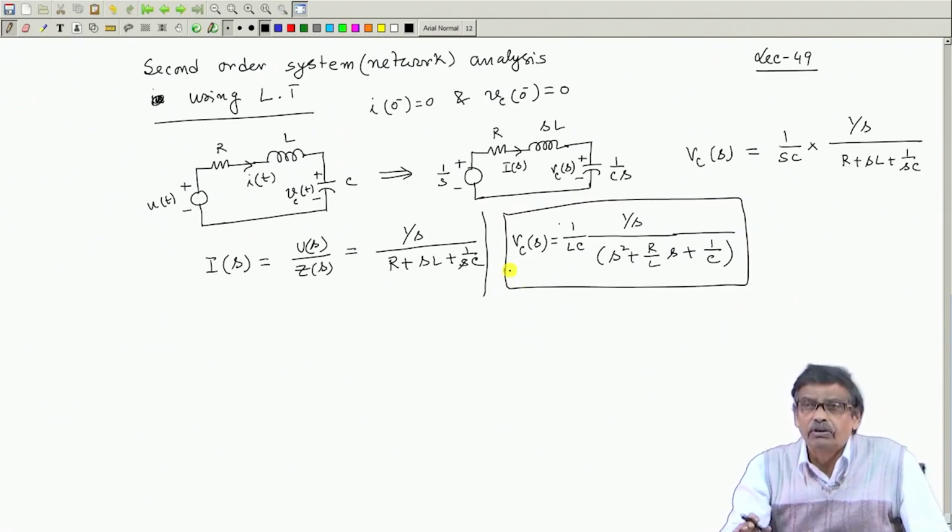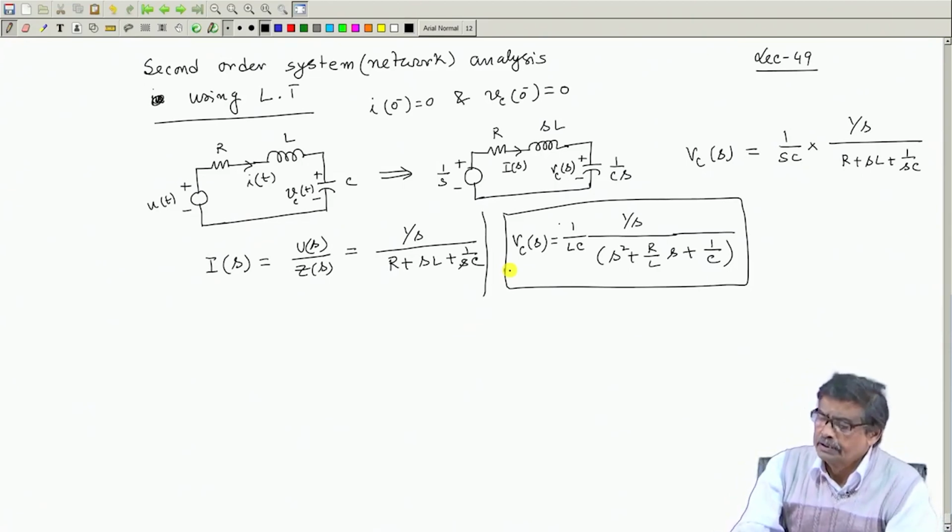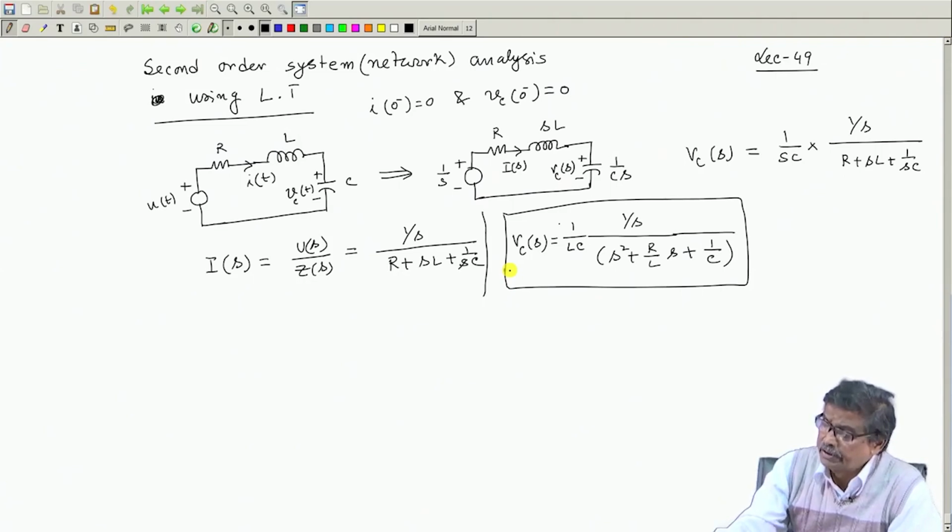Earlier I took some specific values of R, L, C and tried to see the response. Now, in terms of a general expression, it will look like that.